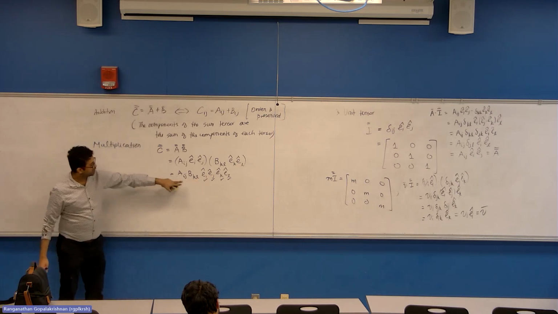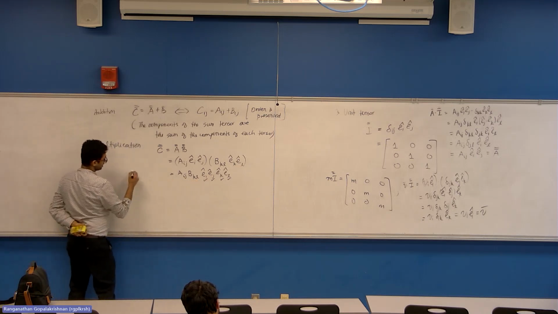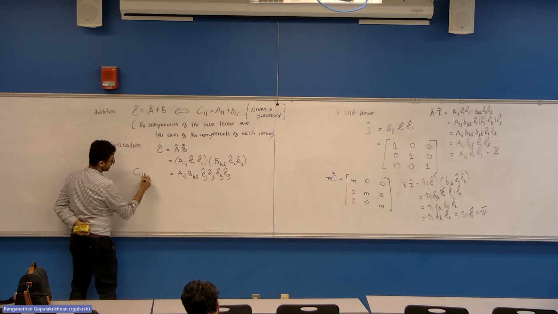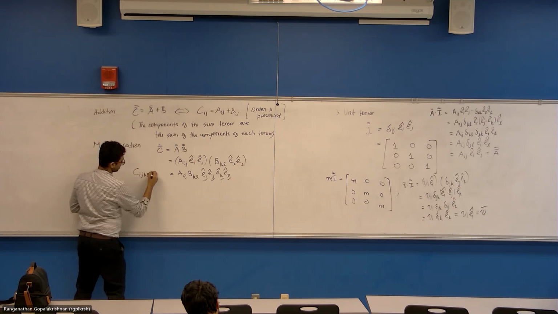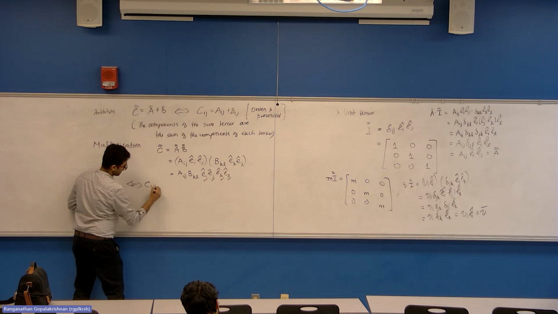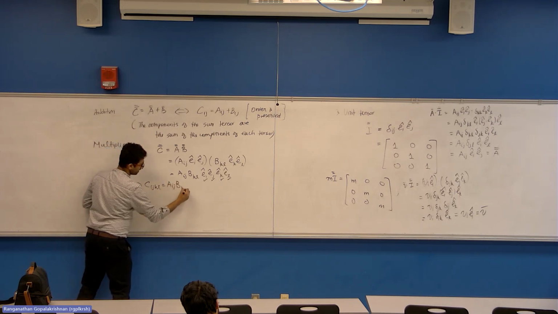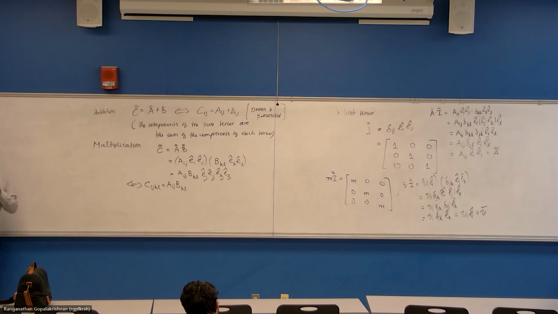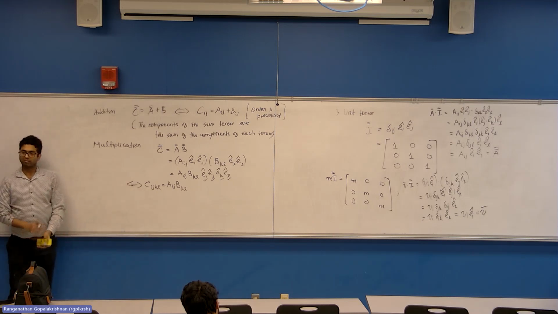How many components does this tensor have? So if I write this is like writing Cijkl equal to Aij BKL. How many components does this tensor have if you write it in matrix form?